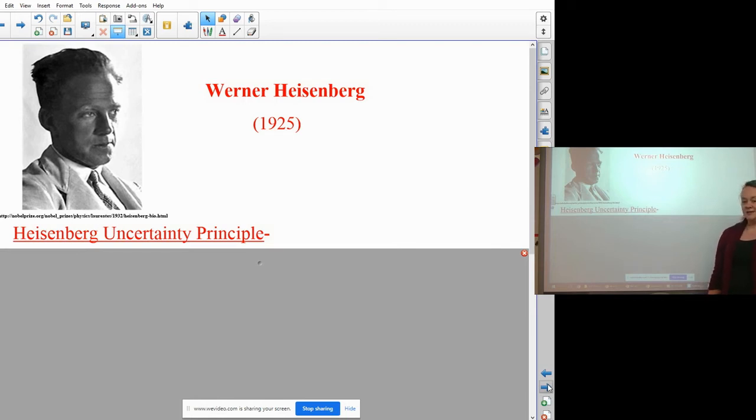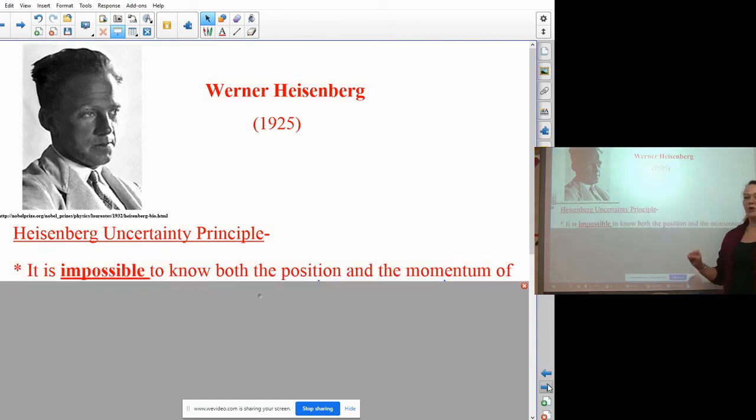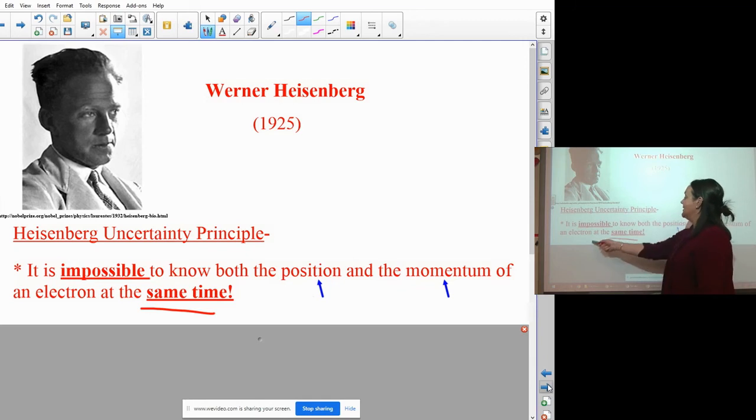And what that says is, we'll write it down and then we'll talk about it. It is impossible to know both the position and the momentum of an electron at the same time.